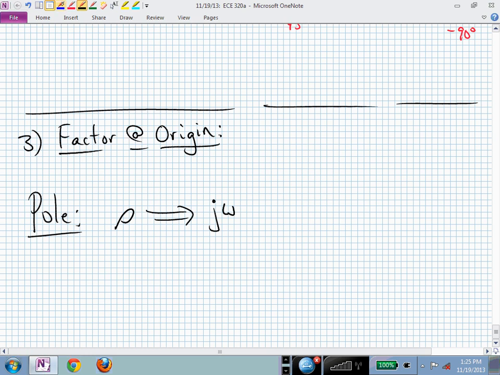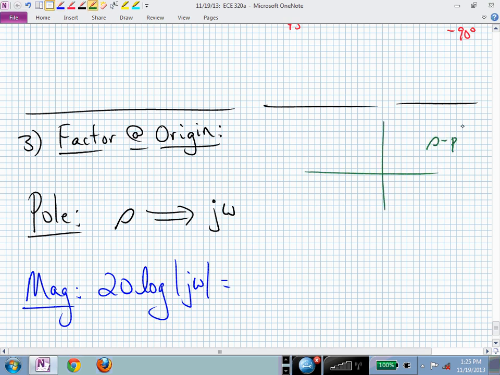If we look at the magnitude of this, in dB, we have 20 times the log of the magnitude of j omega. What's the magnitude of j? And if you forget, just go over here and on a piece of paper say, you know what, he's not going to fool me. Here is j, isn't it? That's j.